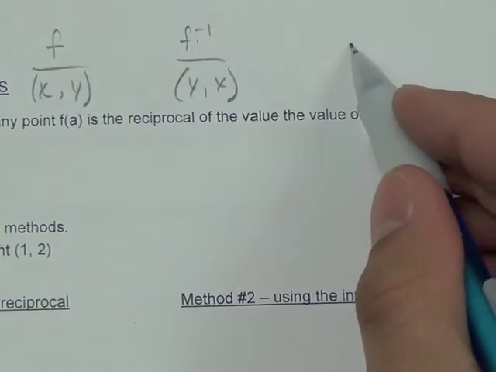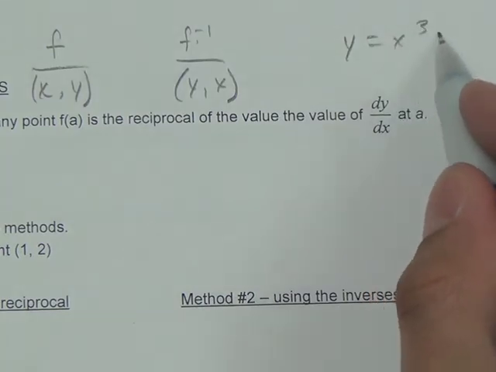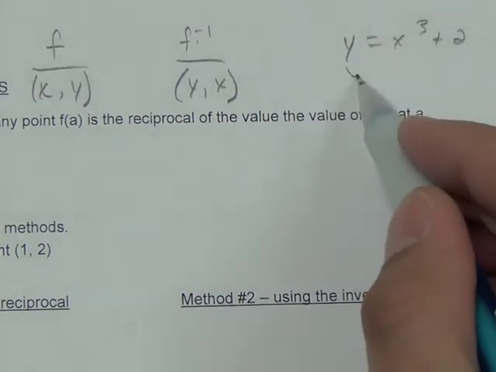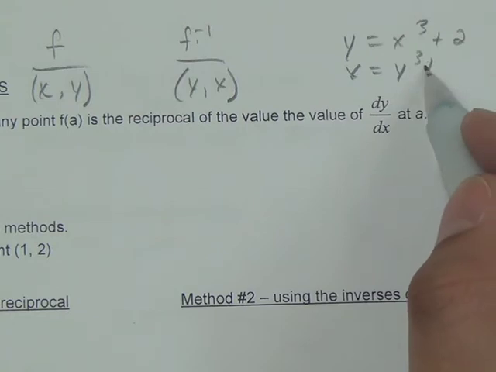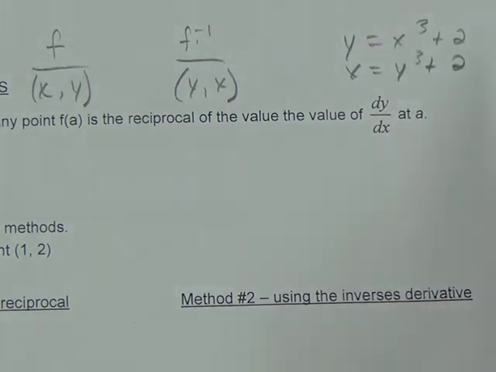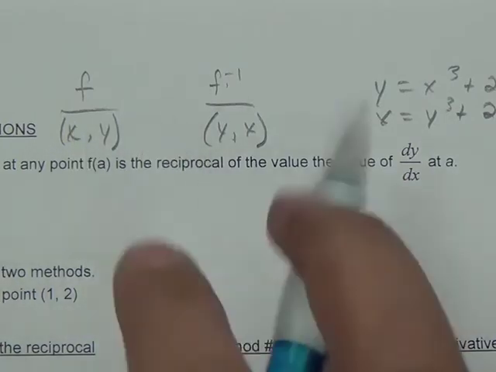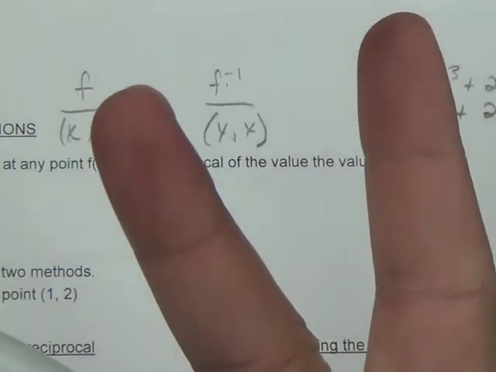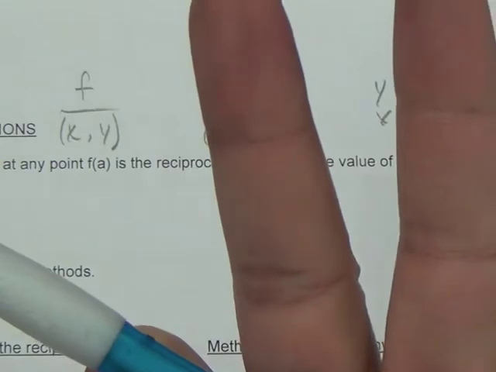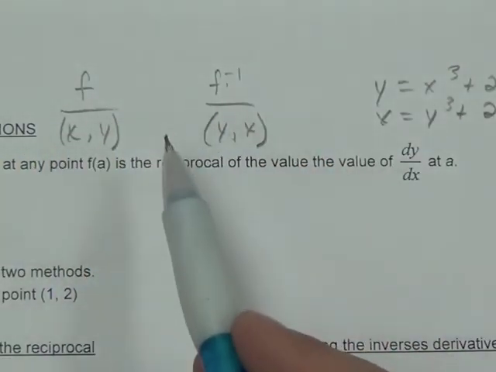That's why if I ever had you find an inverse, like y equals x cubed plus 2, to find the inverse of this, we would flip-flop the x and the y, and then resolve this for y. And the reason for that is a function and the inverse, inverse basically means it's the opposite. So the x and the y get flipped around.